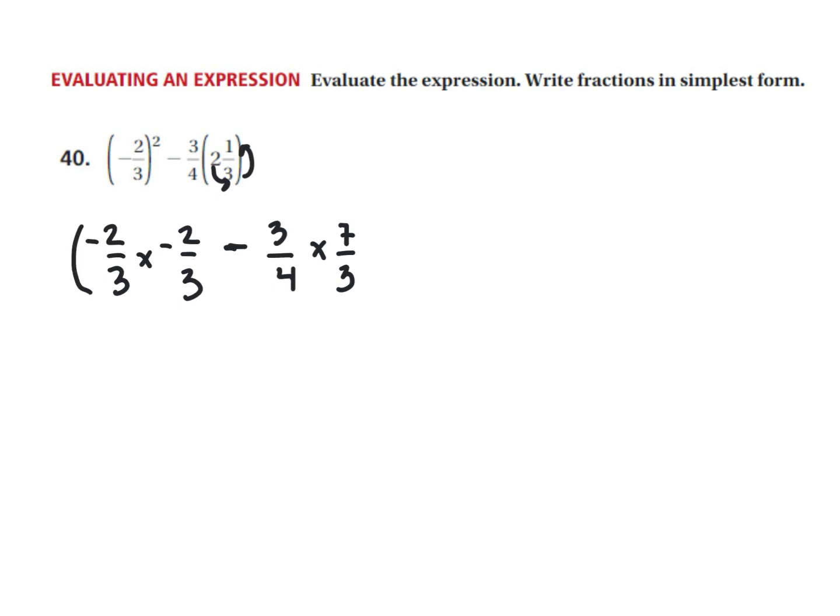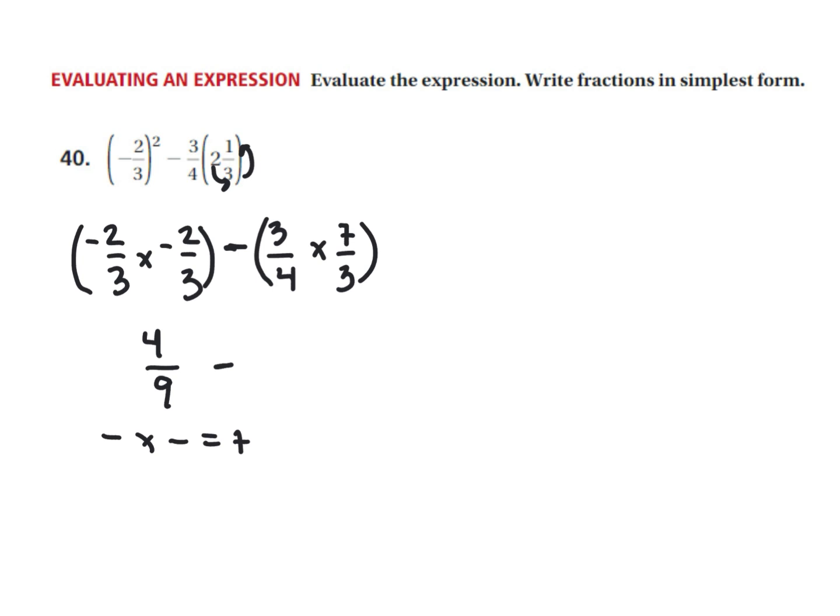And then I'm going to put parentheses just so we can keep everything organized nicely. Now on the left side, we'll do 2 times 2 is 4, and 3 times 3 is 9. And then we say a negative times a negative is a positive. Okay, so that's just going to stay positive 4/9.